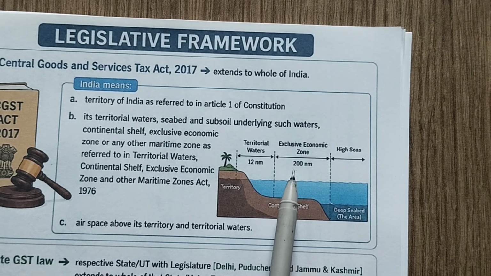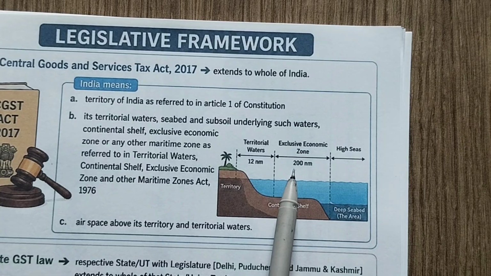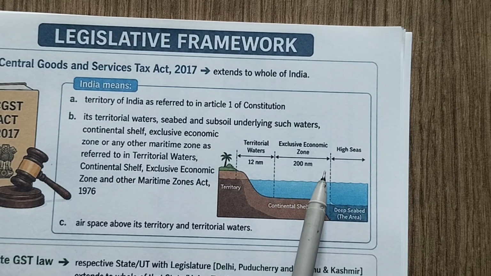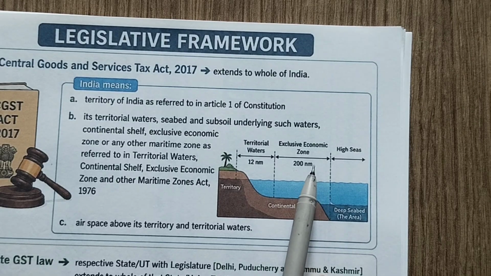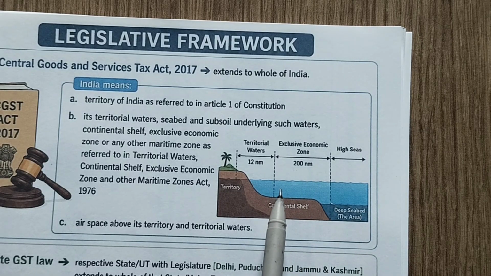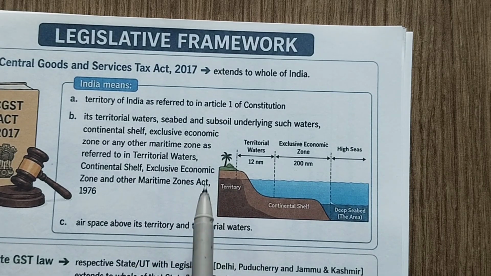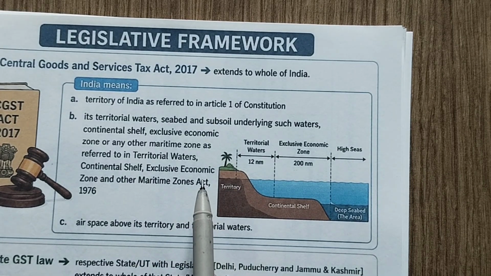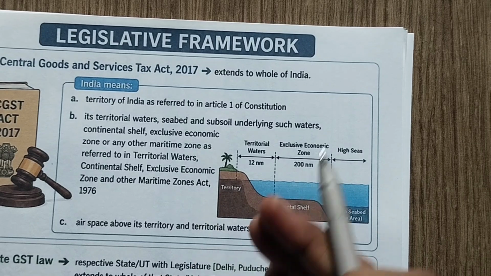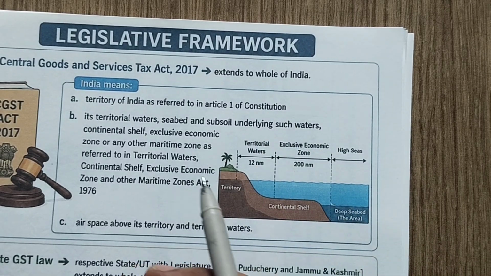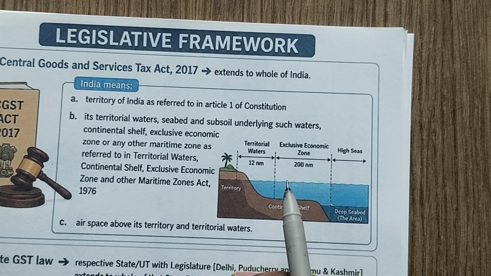It is called the exclusive economic zone. Why is this also considered? Because oil exploration takes place here. So that is why this is also considered under the GST. And with Sri Lanka, we have a maritime zone. Maritime zone means, with Sri Lanka, we have 18 nautical miles. It has been divided: 9 nautical miles to India, 9 nautical miles to Sri Lanka.